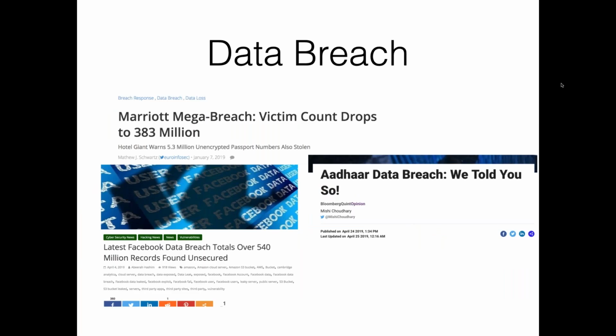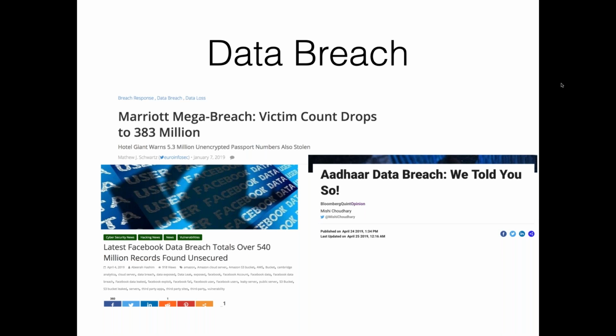There have been quite a few data breaches in the recent past, and that brings us to the question of how, on one side, we can prevent such data breaches, but on the other side, how we can ensure that even if such breaches happen, it is not going to create as much trouble for the people at stake.